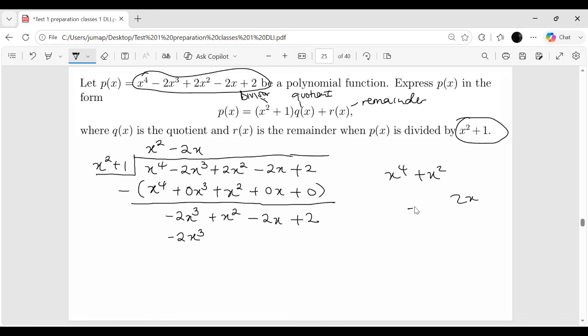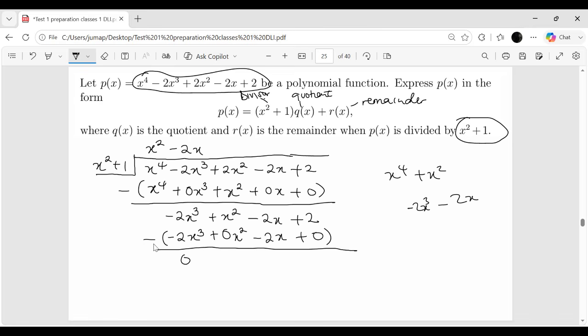It's supposed to be negative 2x to the power 3, then minus 2x. That's what I'm supposed to get, but I want to subtract easily, so that's why I'm writing plus 0x squared. Then I'll write this component which is straight in line with this one, minus 2x. Then I'll say plus 0 so that I can easily subtract. As a result, now I'm going to subtract negative 2x to the power 3 minus negative 2x to the power 3.